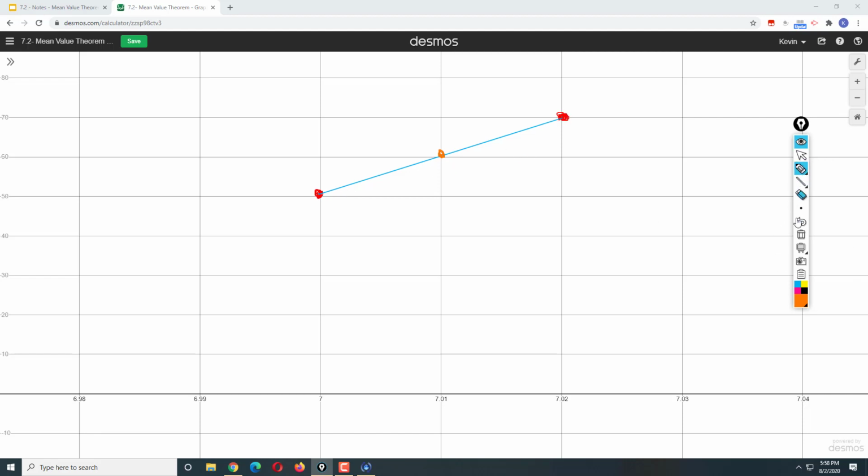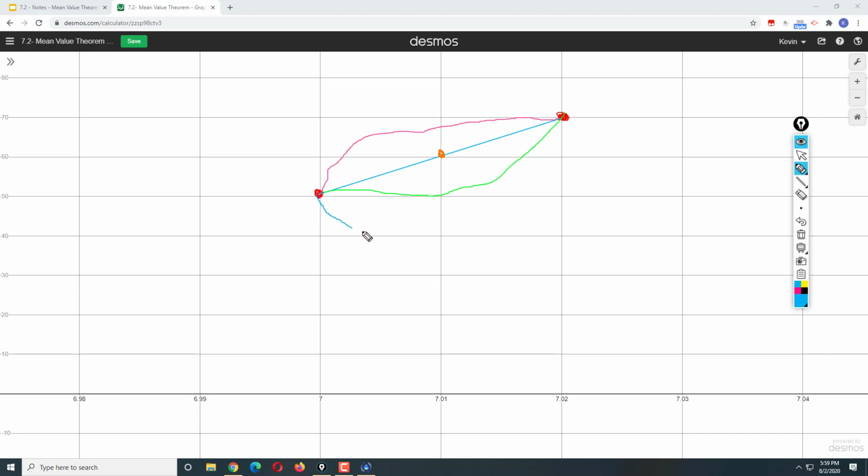Instead, the line could go up slowly at the beginning like this, and then speed up really quickly at the end. In which case, the speed is closer to 50 the whole time, and then it goes up to 70. The line could go up really quickly, and then go up very, very slowly. The line could even go down at first.